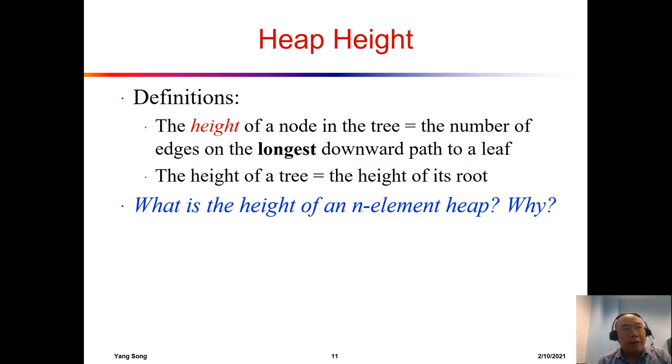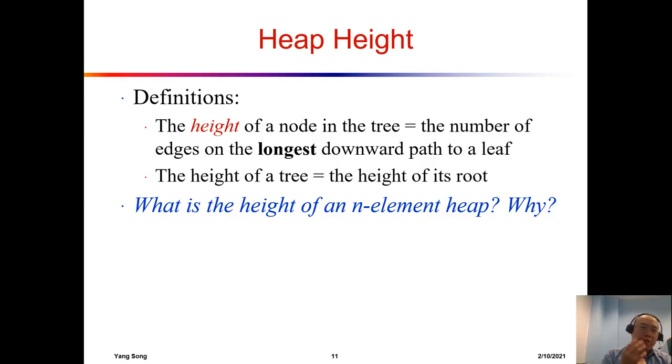So how about we have 2 or 3? If we have 2 or 3, then we have one parent, and then 1 or 2 children, right? So in this case, what's the height? The height will be 1. Okay, let's move on. If n equals 4, 5, 6, 7, what is the height of this heap?